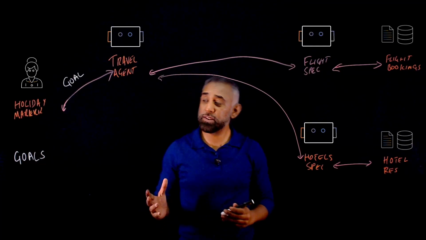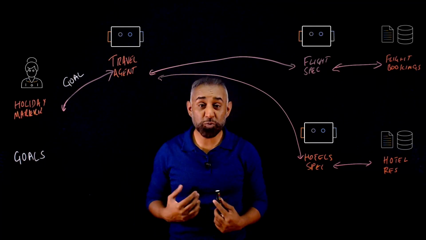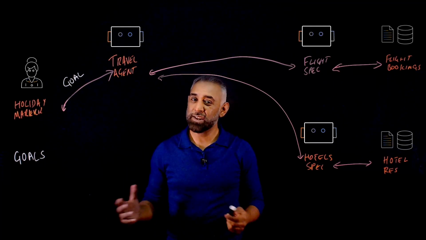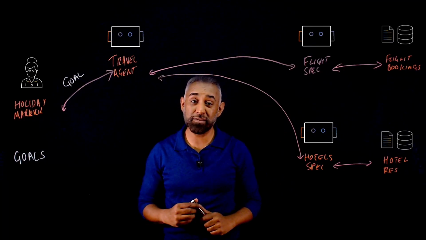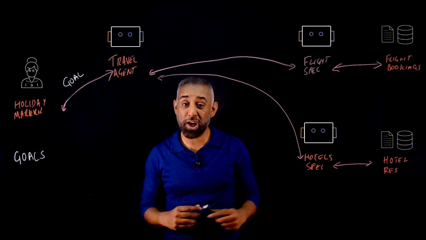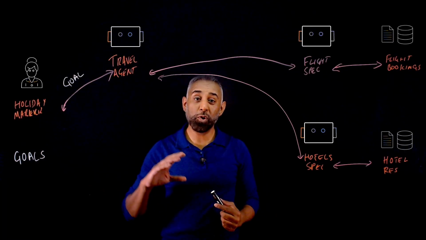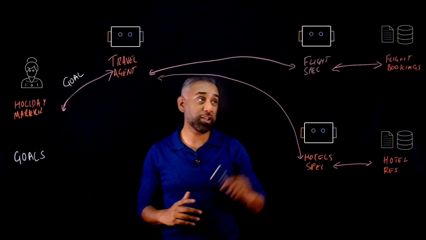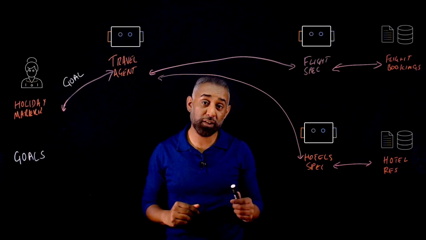Okay, the other thing that we need to consider, and it's easy for us as humans, we get a response and we think, you know what, I don't like this. This is not exactly what I asked for. Maybe the return date is too far into January and it's not the 2nd or 3rd as I wanted. As a travel agent, we could say to our flight specialist, look, can you find something a bit closer to the 2nd or the 3rd of Jan?